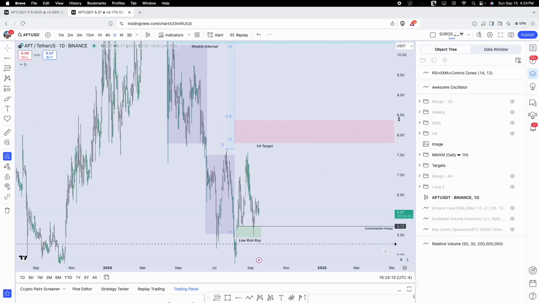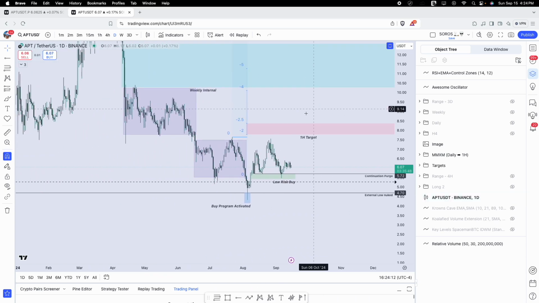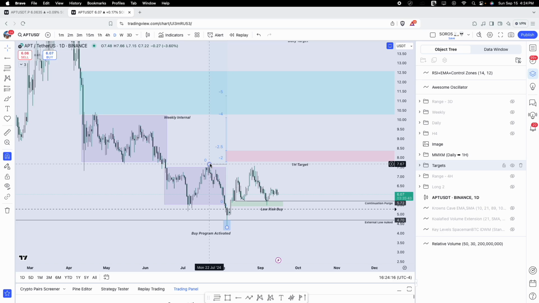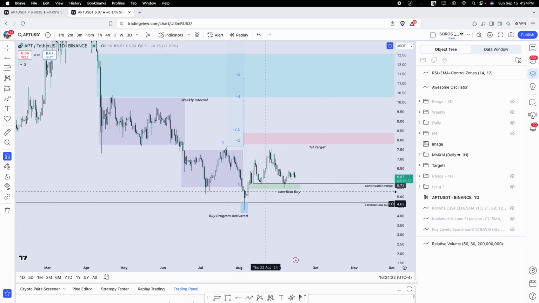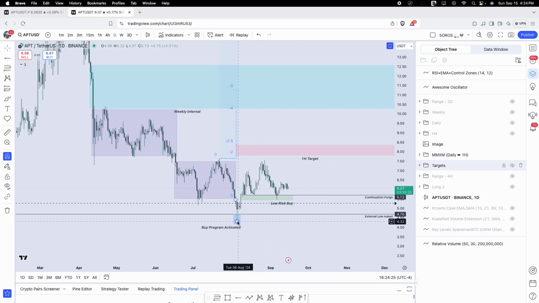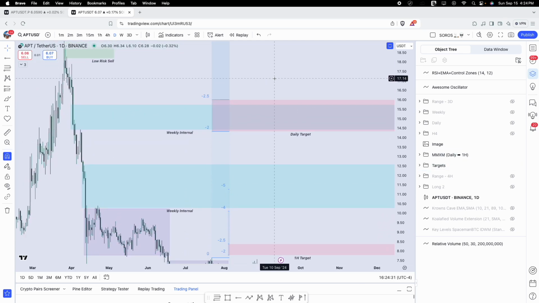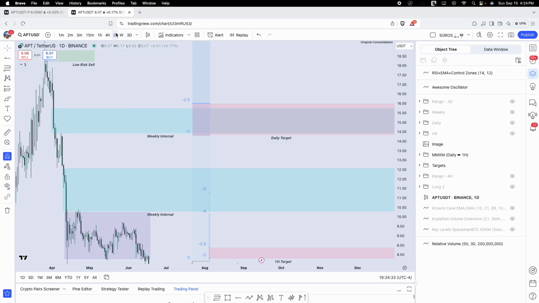Your daily target is essentially going to be from the 1 hour, the daily manipulation, which started over here, that took out these highs, rebalanced the daily candle, and then flushed the external low. So projecting out from this wick low and anchoring to the high of the manipulation, you have your 2 to 2.5 in this weekly internal.